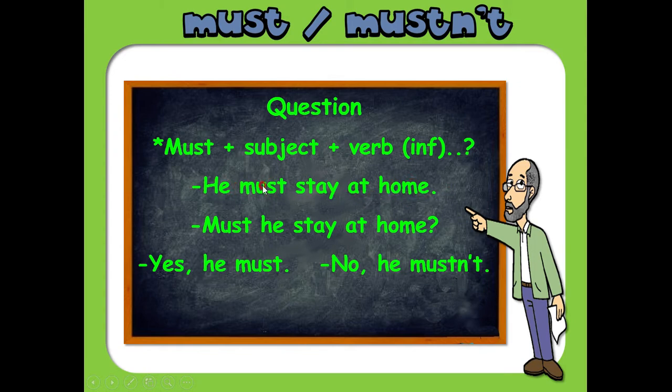If we want to change it into question form, we have to switch to start with must, like this. Must, then the subject, he. After that, the verb, stay, and stay here is in infinitive form. And then complete, and don't forget to put the question mark. So the question is, must he stay at home?